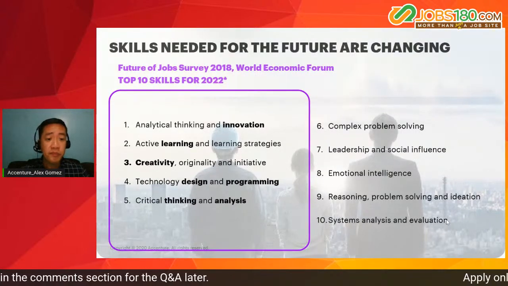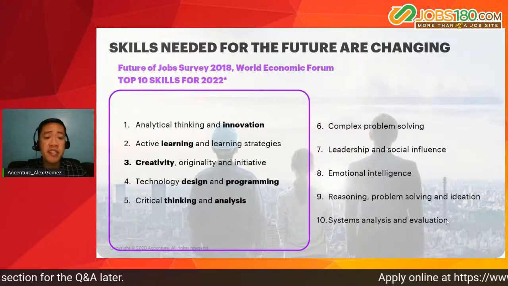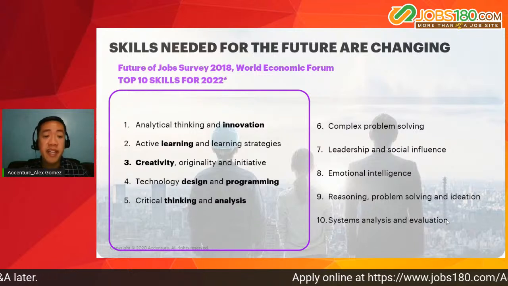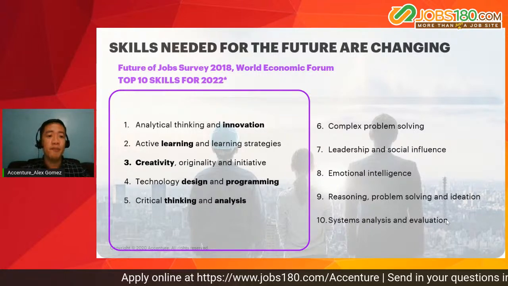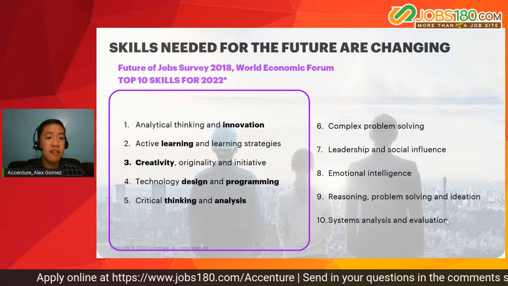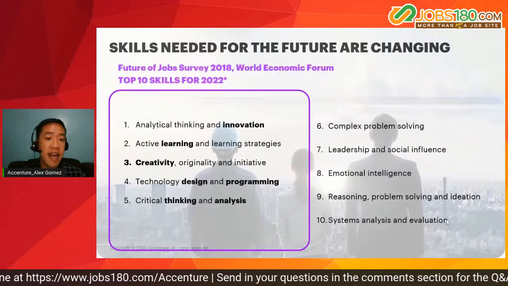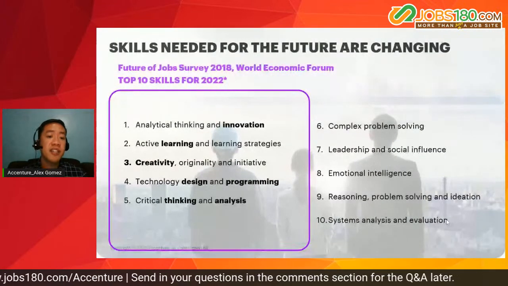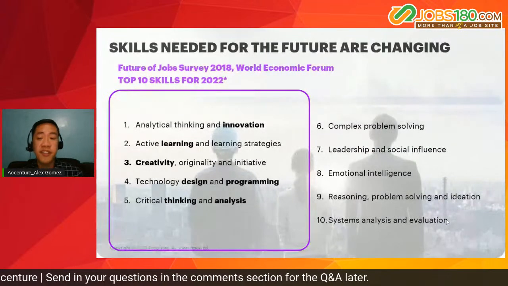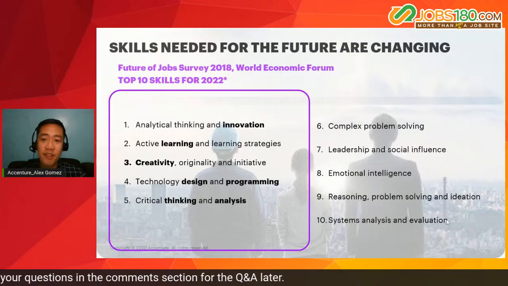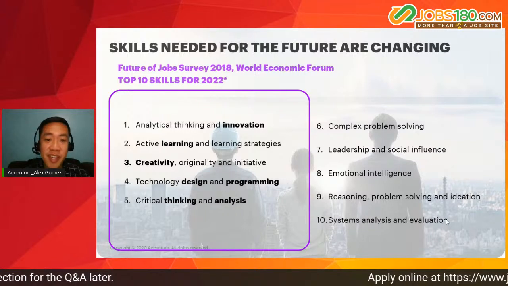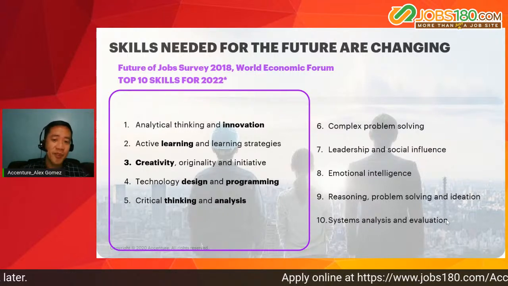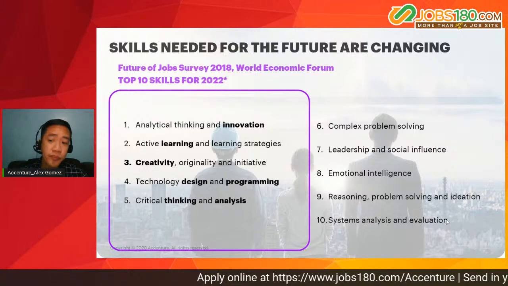And with technology becoming increasingly empowering, retaining empathy and being humane and sane counts. So let me just complete the top 5: creativity, originality, and initiative, technology design and programming, and critical thinking and analysis. So not just a doer, also a thinker. Being a critical thinker also counts. All right, next slide, please.